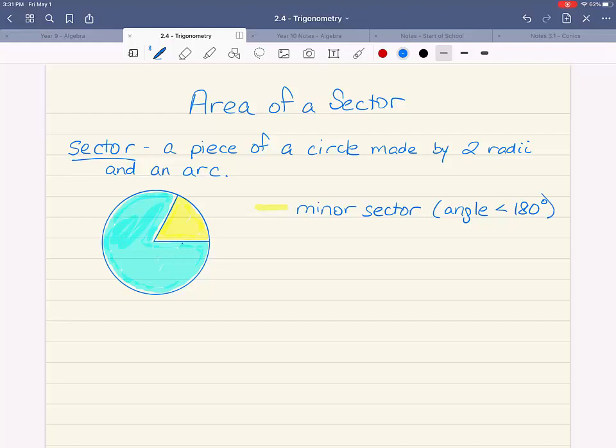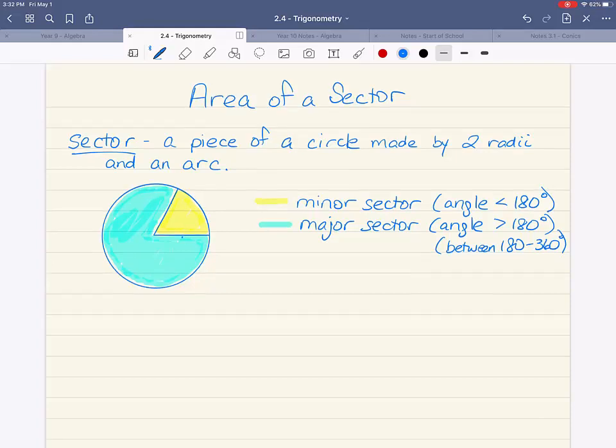The blue sector, you can pretty well guess, is called a major sector because the angle is greater than 180. In actuality, it's between 180 and 360. 360 would be the full circle. So anywhere in between there is a major sector.